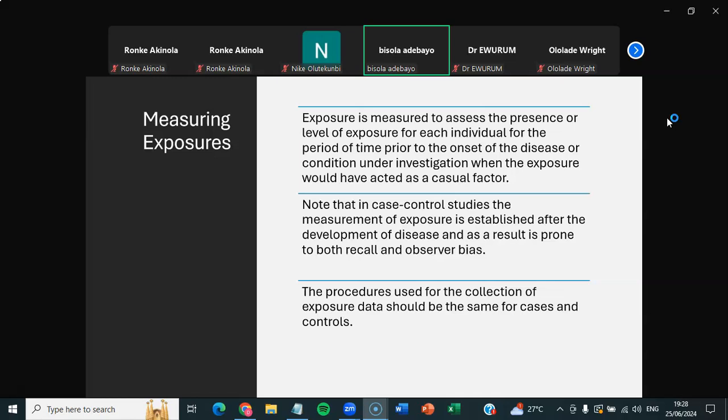That is, which started first, the exposure or the outcome, because we measure exposures after the outcome has already occurred. So it's subject to both recall and observer bias. And the procedure for collecting data should be the same for the cases and the controls.